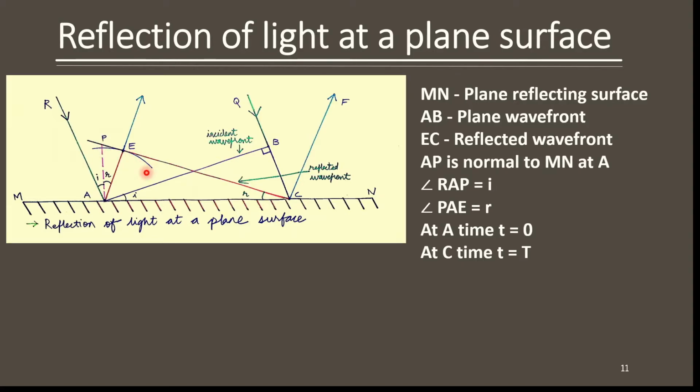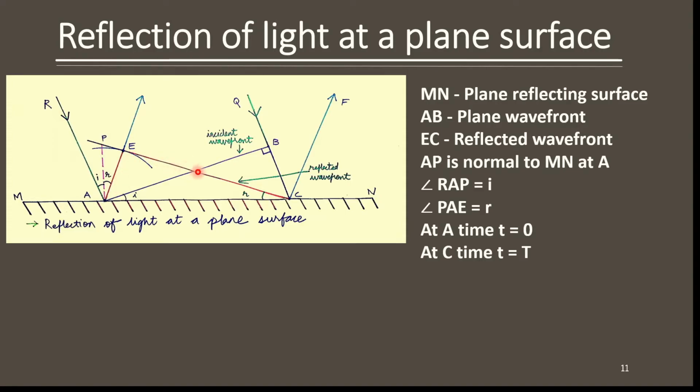Initially, the incident wavefront reaches A and it starts emitting secondary wavelets. Then, one by one, points will reach the reflecting surface and start emitting secondary wavelets.